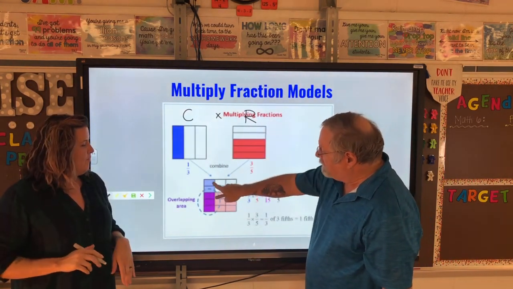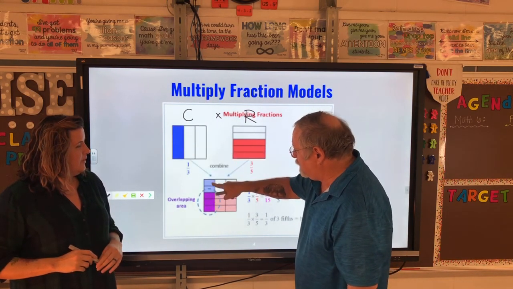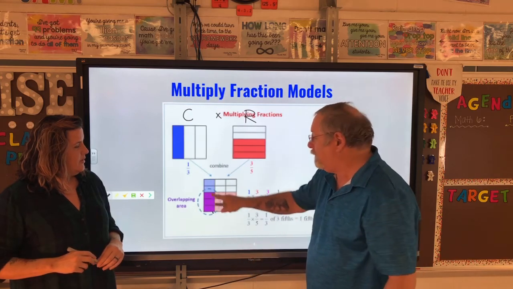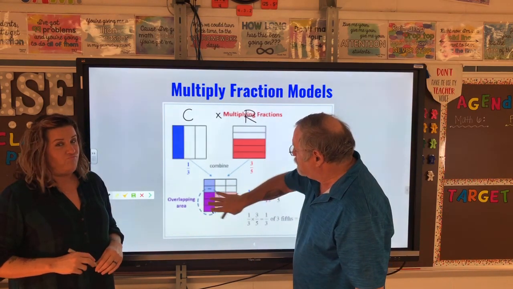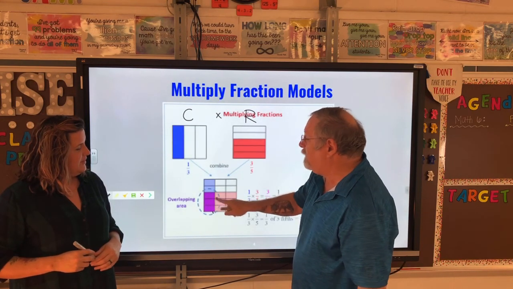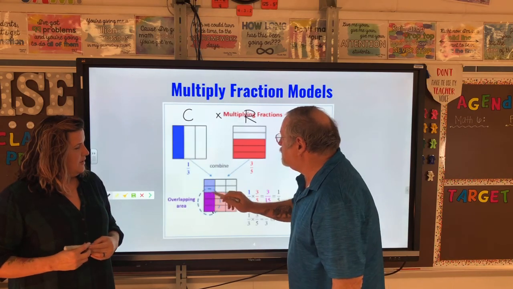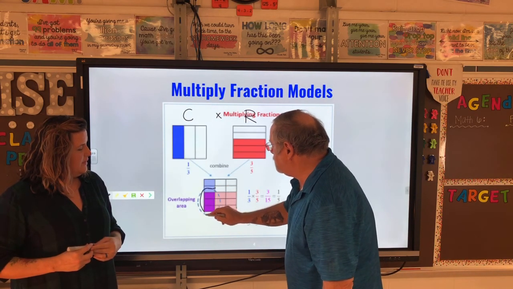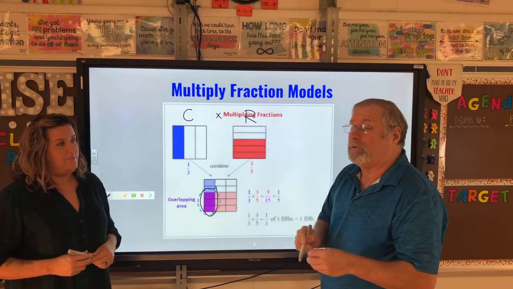See the purple? That blue is the 1/3, 1, 2, 3. And the pink here is the red, so it's 3/5. The most important part is this section right here where the two colors come together. That's the numerator.